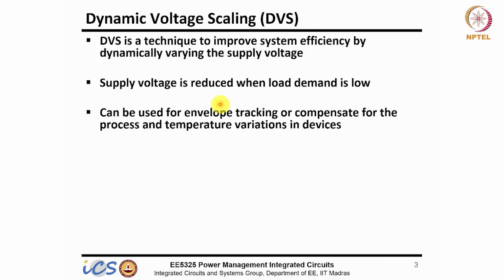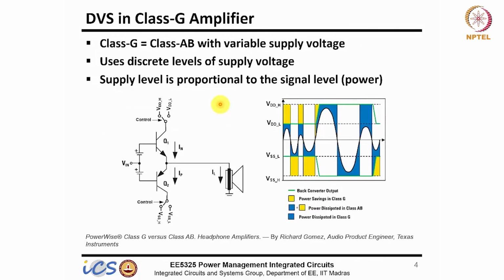Once you have the information at what corner it is fabricated, you can change the supply voltage. If it is at the fast corner, you can reduce the supply a little bit to achieve the same delay or same timing. If it's at the slowest corner, you can slightly increase the voltage so that you don't need to oversize your transistors. So that's the advantage here with DVS.